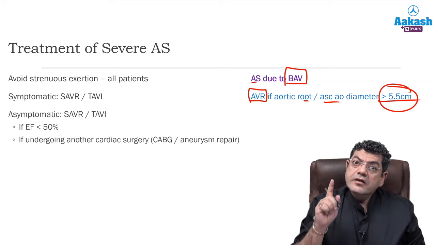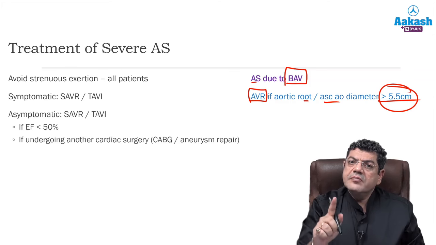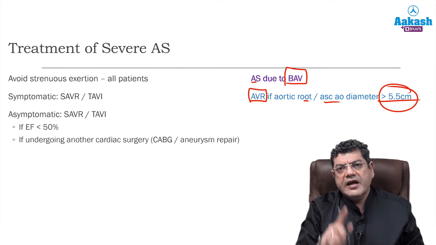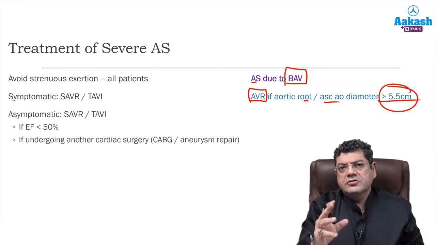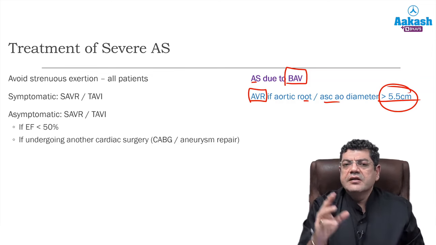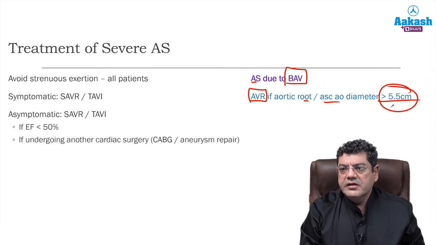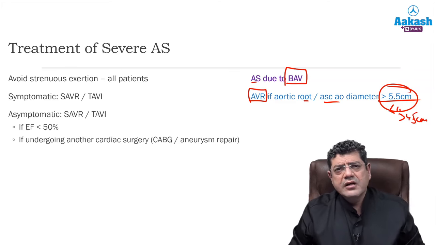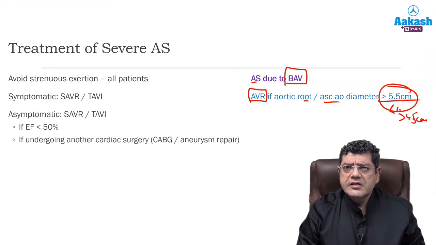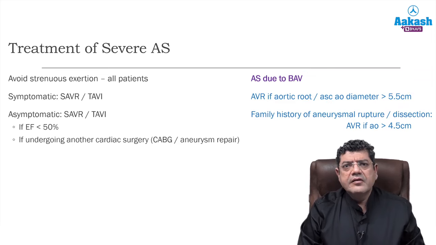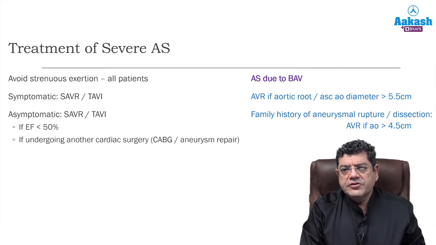If the patient has a family history of an aortic catastrophe, such as an aneurysmal rupture or aortic dissection, then you do this when the diameter is more than 4.5 centimeters. So the threshold reduces if there has been a family history of aneurysmal rupture or dissection.